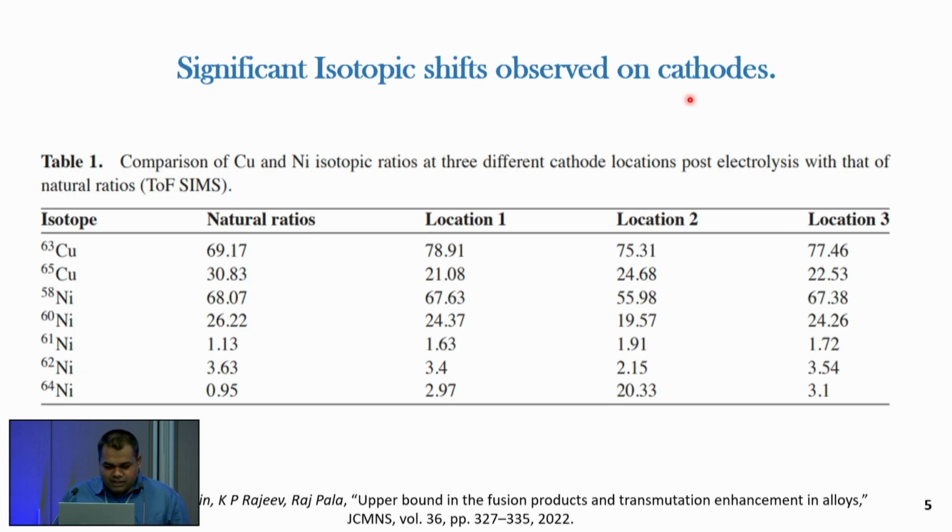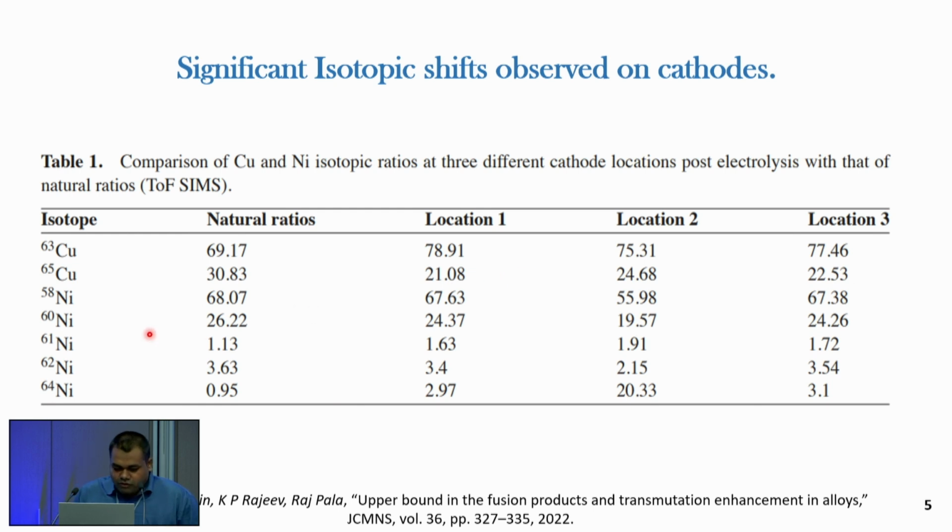On the same sample, we did some isotopic studies. We sent our samples to another place, IIT Bombay, and spotted some points to look for the isotopic ratios of copper and nickel. Here you can see, if we look at copper 63 and 65, the natural ratio is about 70-30, but in our samples, we found an increase in the population of copper 63, and at the same point, 65 reduced.